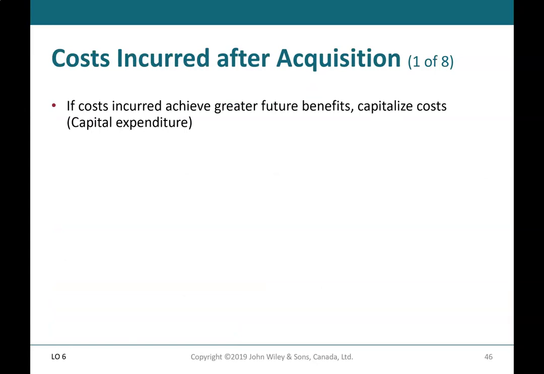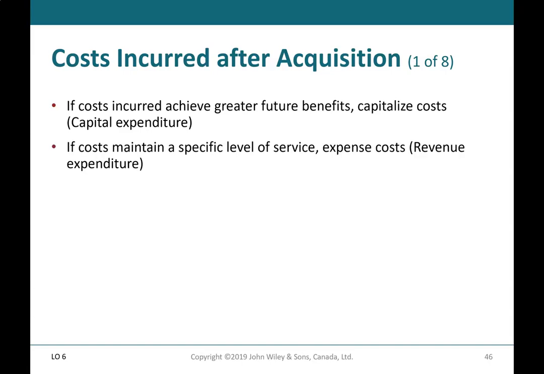Costs incurred after acquisition, 1 of 8. If costs incurred achieve greater future benefits, capitalize costs, capital expenditure. If costs maintain a specific level of service, expense costs, revenue expenditure.